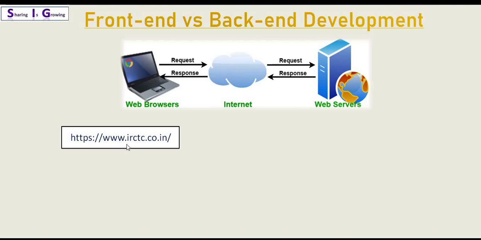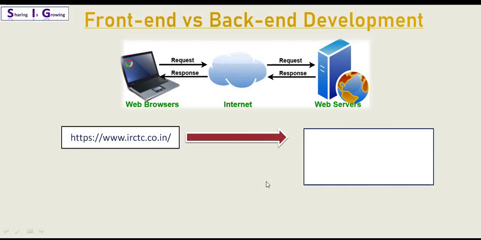When you search this URL in the web browser, it quickly gives a request to the web server. The web server is supposed to check all the files related to this link.